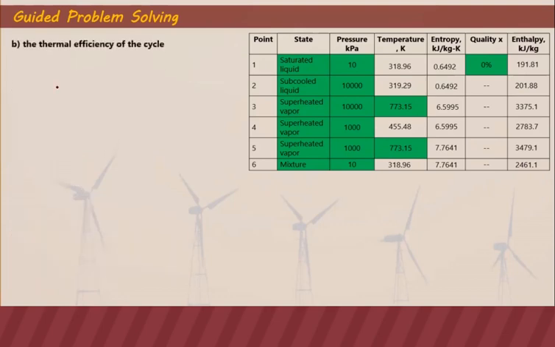Next is the thermal efficiency of the cycle. The thermal efficiency can be computed if we have the turbine work and the pump work, so we need to compute those values first. For the turbine work, we have two turbines: the high pressure turbine, WT1, and the low pressure turbine, WT2.